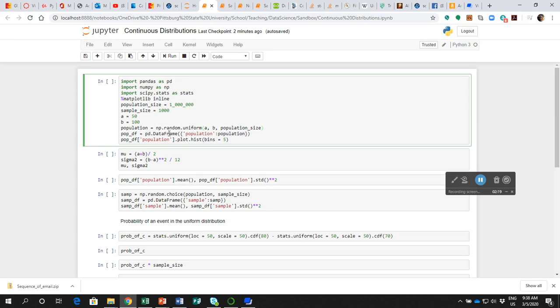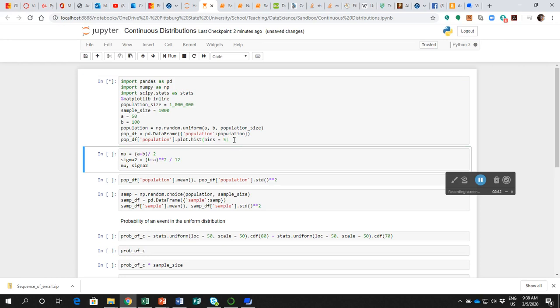I'm taking my population data and putting it in a data frame, again making a data frame from a dictionary, and in this case just a one-entry dictionary. And as my last step, I want to do a histogram of this so you can see how the data is distributed.